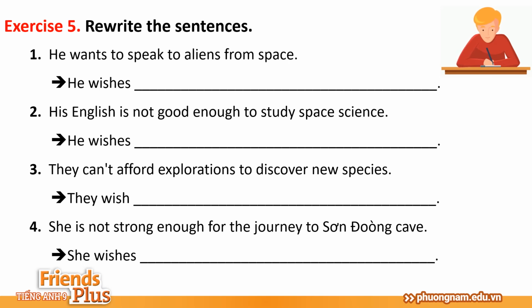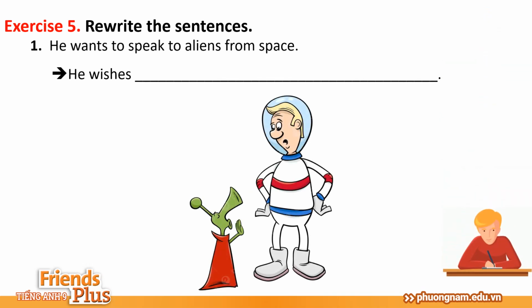Exercise 5. Rewrite the sentences. One. He wants to speak to aliens from space. He wishes he could speak to aliens from space.